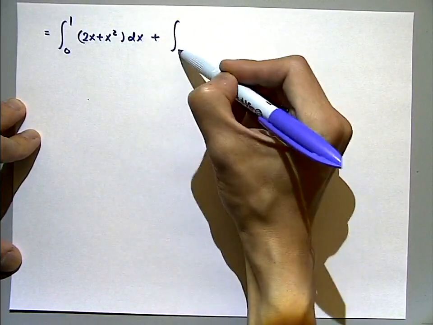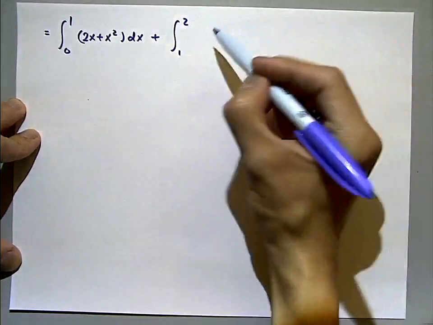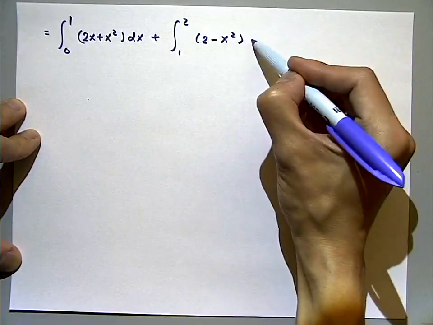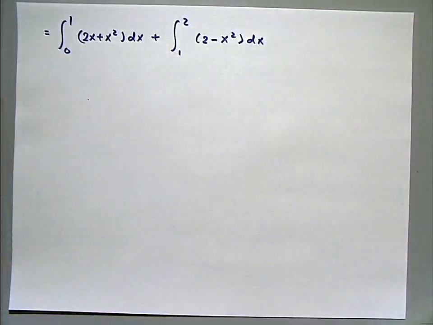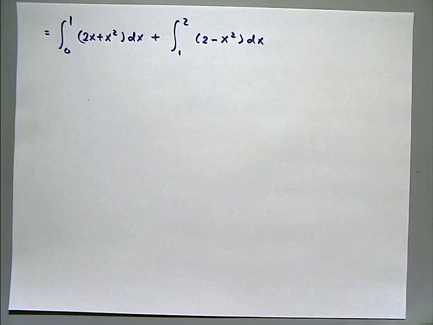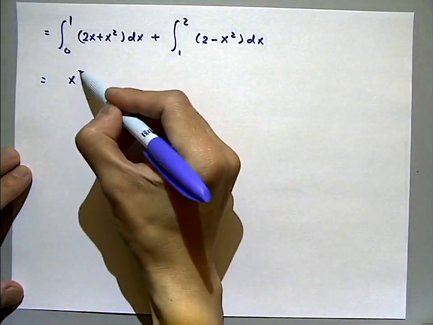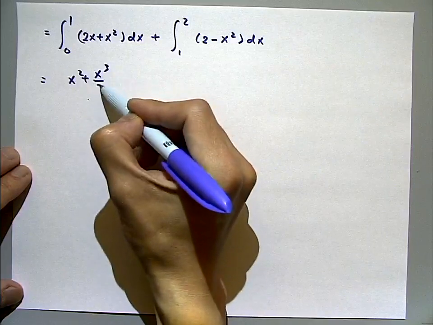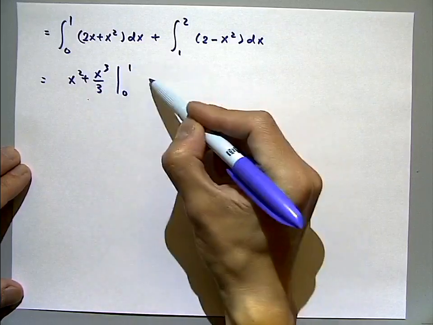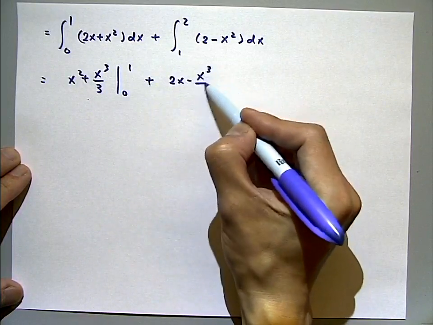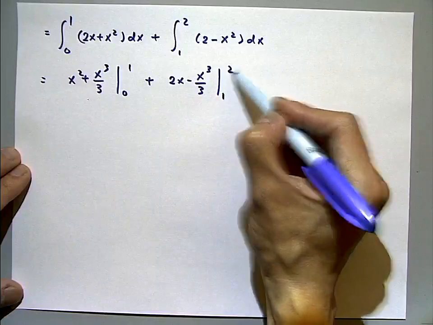The second integral is the integral from 1 to 2 of (2 minus x) squared dx. The x is canceled out in the first part of the second integral, and then we have (2 minus x) squared dx. Then the integral is x squared plus x cubed over 3, from 0 to 1, that's C1, plus 2x minus x cubed over 3, from 1 to 2.